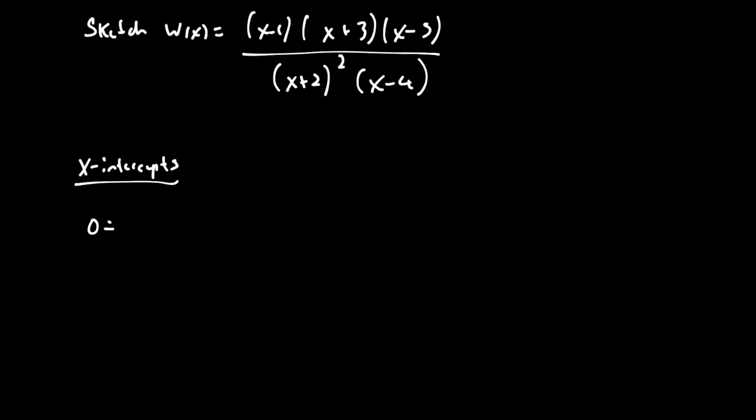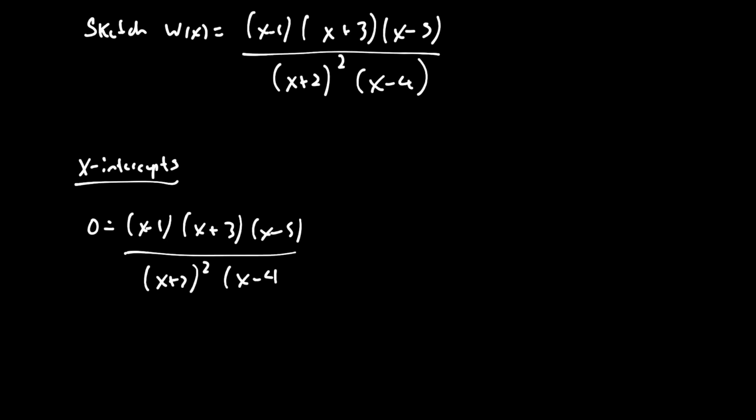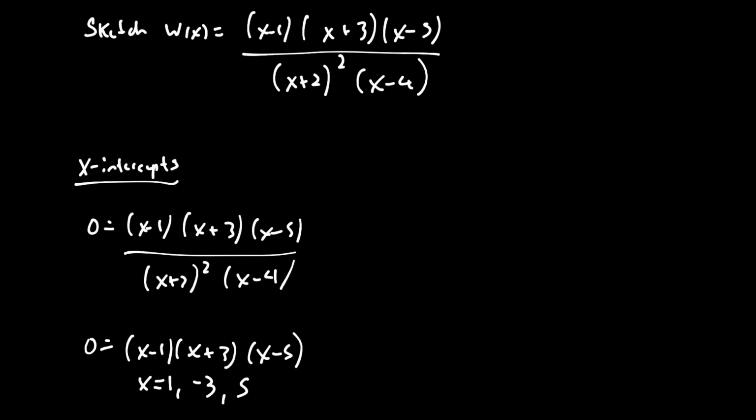So we get 0 is equal to (x - 1)(x + 3)(x - 5) divided by (x + 2)^2 times (x - 4). Well, multiplying both sides by the denominator gives us (x - 1)(x + 3)(x - 5). And so we have 0 at x is equal to 1, negative 3, and 5.